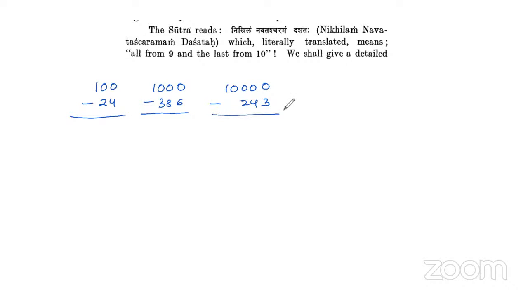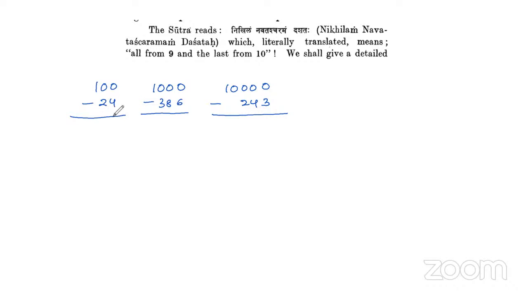For example, subtract any number from the bases: 100 minus 24, 1000 minus 386, 10,000 minus 243. These kinds of subtractions we can easily find by using Nikhilam Navataha Charamam Dashataha.